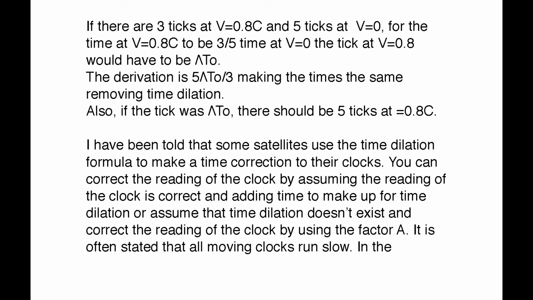I have been told that some satellites use the time dilation formula to make a time correction for their clocks. You can correct the reading of the clock by assuming the reading of the clock is correct and adding time to make up for time dilation, or assume that time dilation doesn't exist and correct the reading of the clock by using the factor A. It is often stated that all moving clocks run slow.